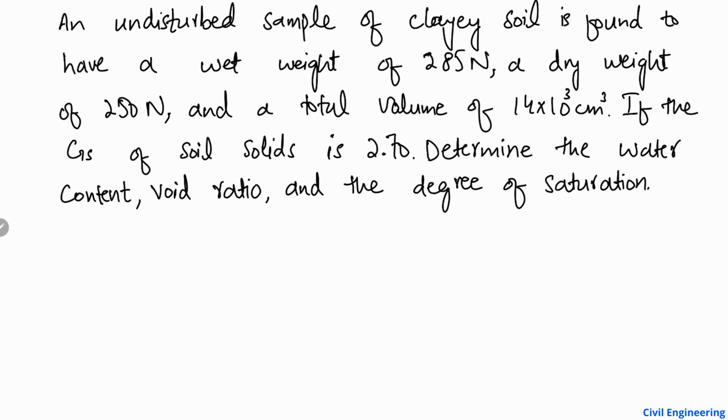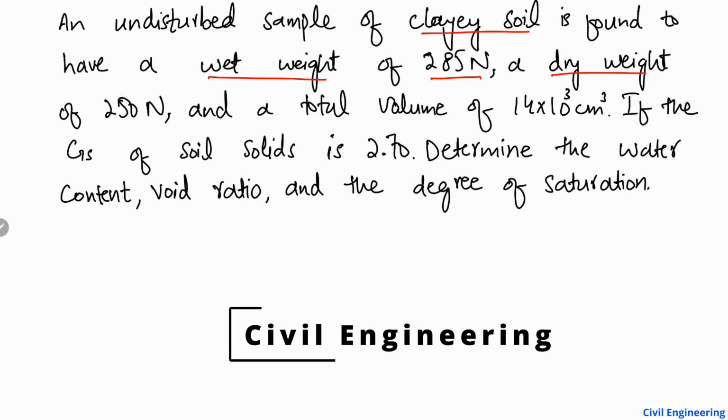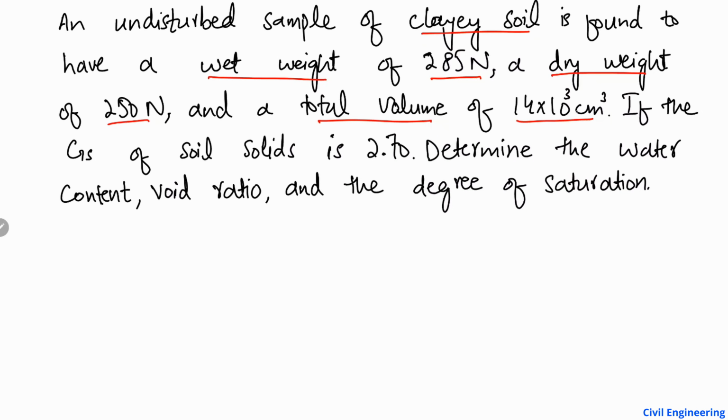The problem states that an undisturbed sample of clayey soil is found to have a wet weight of 285 Newton, a dry weight of 250 Newton, and a total volume of the soil sample of 14 into 10 raised to power 3 cubic centimeter. If the specific gravity of the soil solids, Gs, is 2.70, then determine the water content of the soil sample, the void ratio, and the degree of saturation. So we are going to find some unknown parameters for this soil sample.